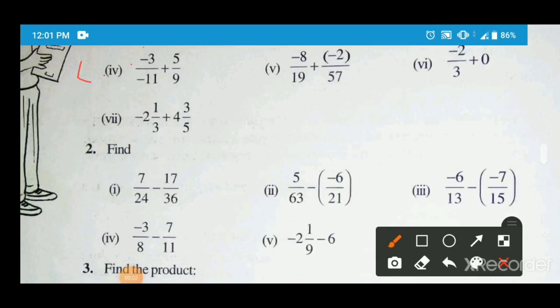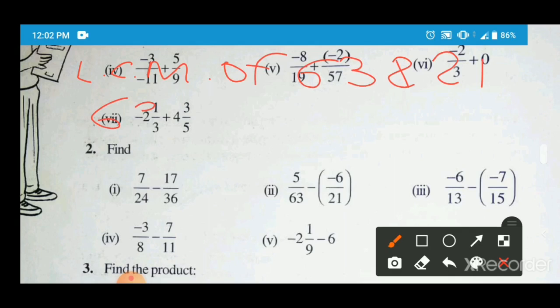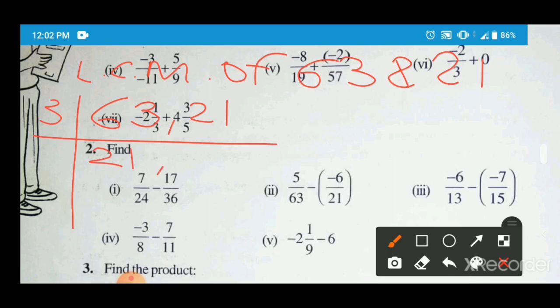So first we write the LCM of 63 and 21. 63 comma 21, it is divisible by 3. 3 2s are 6, 3 1s are 3, 3 7s are 21.